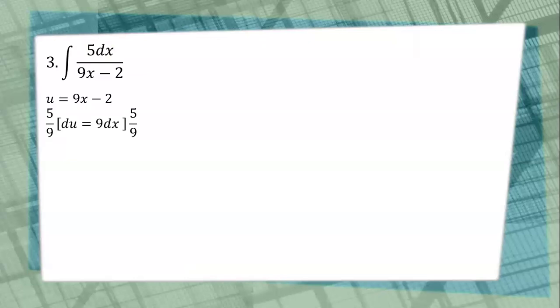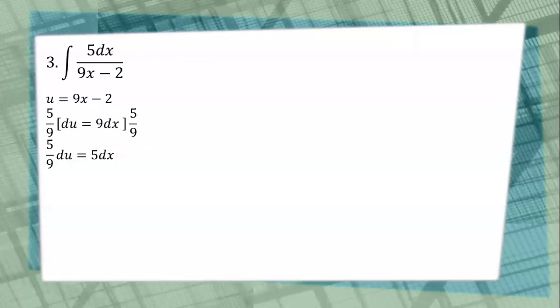So the integrating factor that we need is 5 over 9. So we multiply both sides with 5 over 9. So that when we rewrite it, it becomes 5 over 9 du is equal to 5 dx, because this 5 dx is what we need in the numerator.